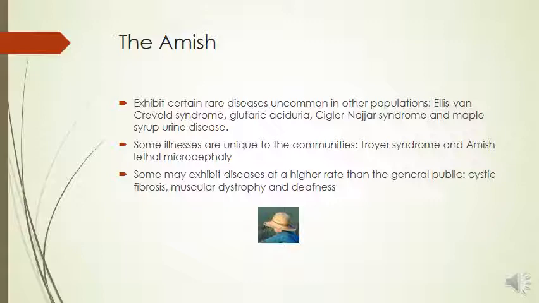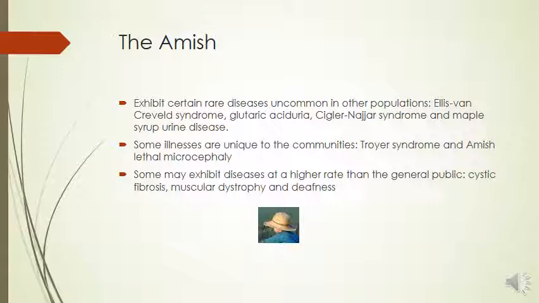One of the things when you're looking at the Amish is that they exhibit certain rare diseases that you don't find in other populations. The main disease that we were looking at with these patients was maple syrup urine disease. Some of the other diseases exhibited in the Amish population are Ellis-van Creveld syndrome, glutaric aciduria, and Ziegler-Nager syndrome.